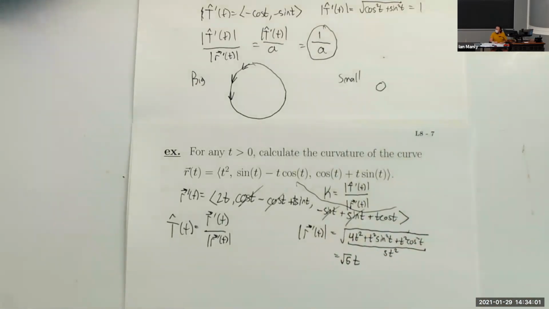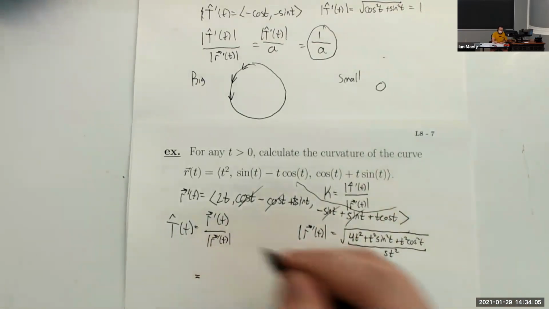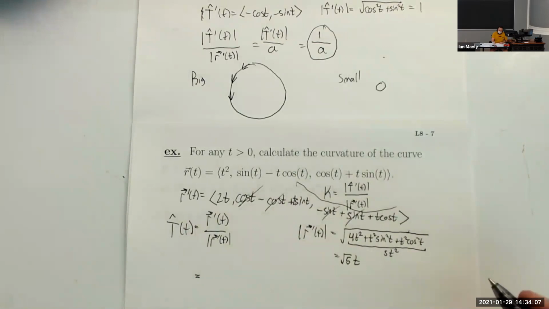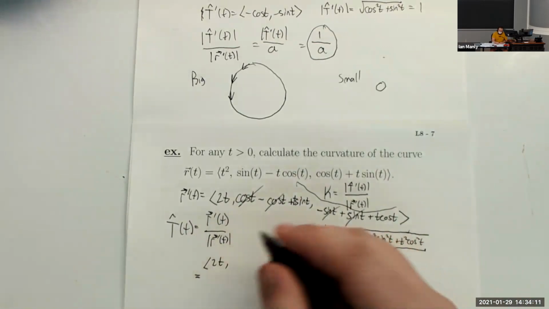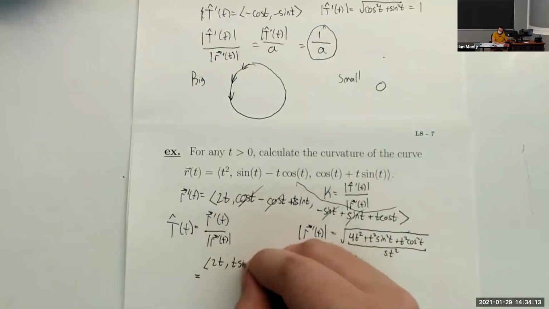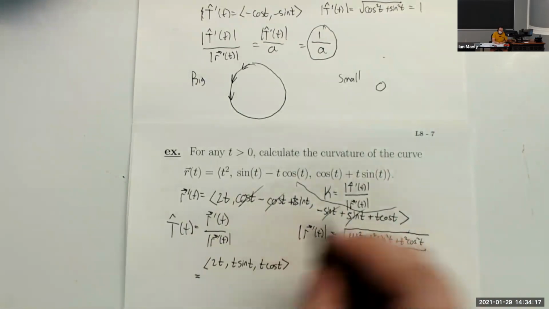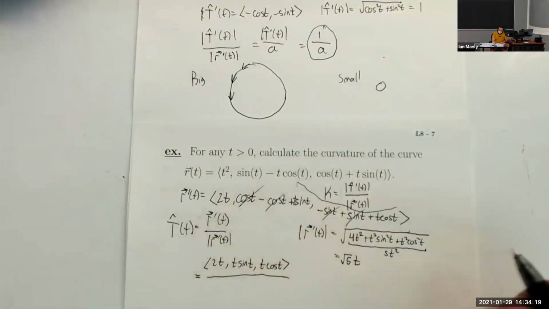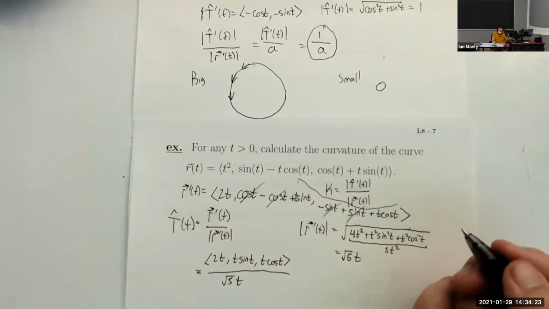So this is going to be the magnitude of our derivative. Okay, well then that means we come back here and we put an r prime, just like that. So this is our r prime, and then we divide by square root of 5 t.